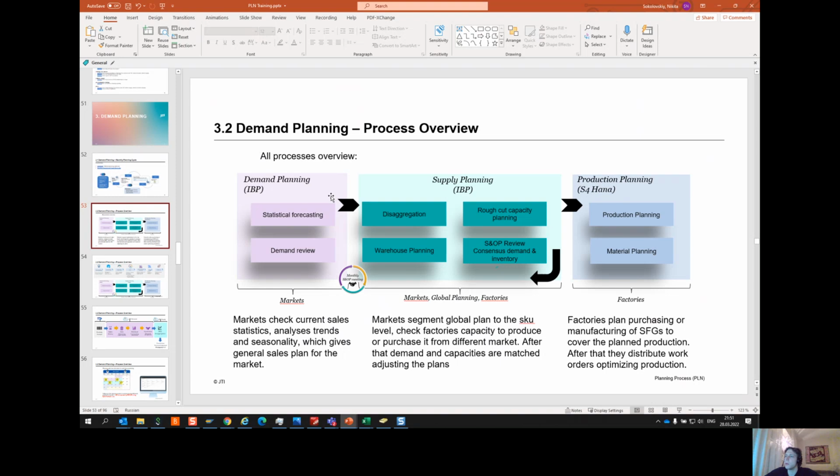Then once we have a forecast, for example, we have Winston Blue. That's our product. We know how much Winston Blue we sold last month. The system creates an automatic forecast for the next month according to some formulas in the system.